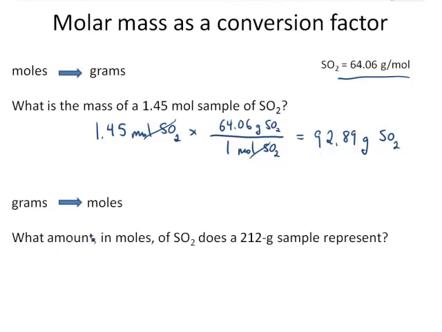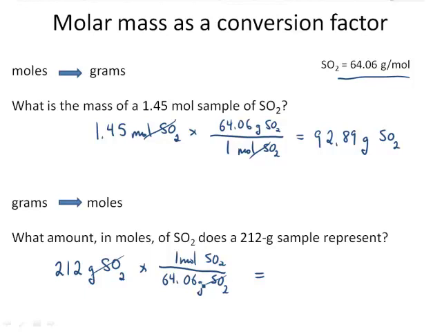Now let's look at the next example in the opposite direction, going from grams to moles. What's the amount in moles of a 212 gram sample of SO2? So we have 212 grams of SO2, and we want to convert that to moles. And so what we want is grams on the bottom, so the 64.06 grams of SO2 is on the bottom, and the 1 mole of SO2 is on top, and that way grams of SO2 will cancel.